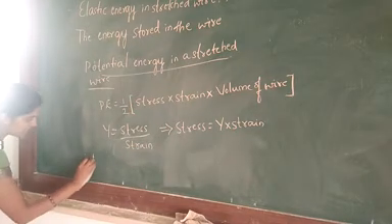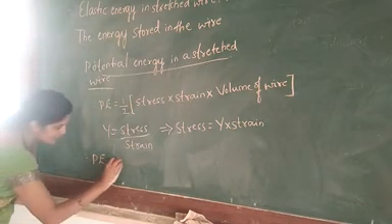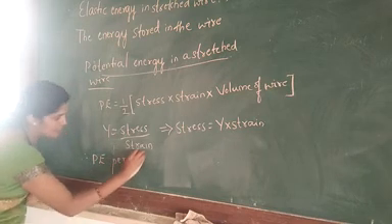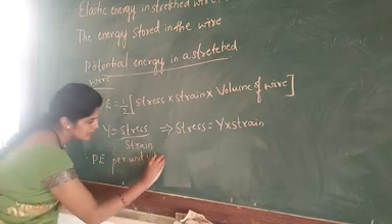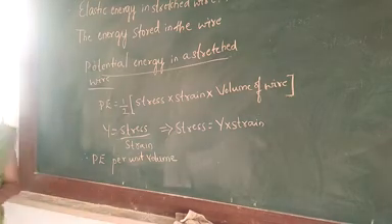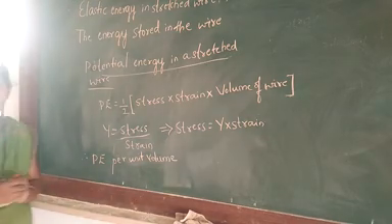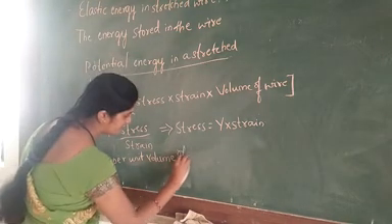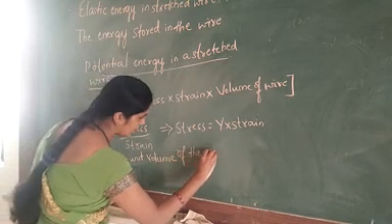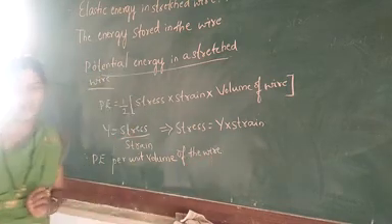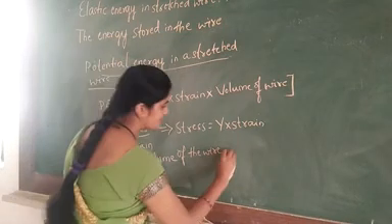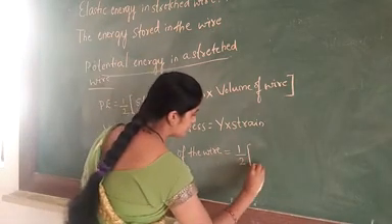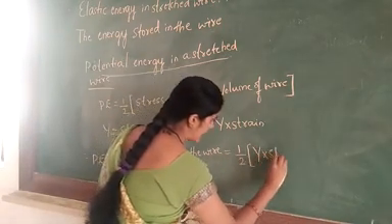Therefore, the potential energy per unit volume of the wire can be written as 1 by 2 into Y into strain square.